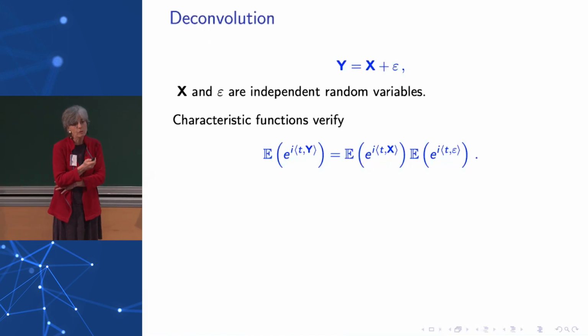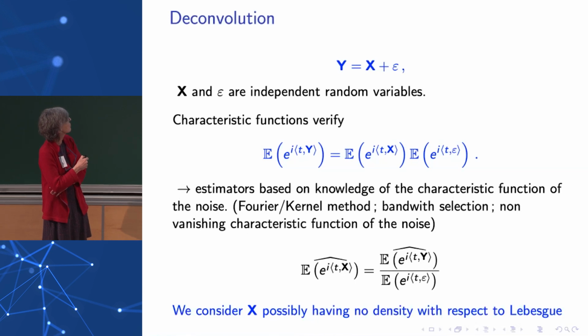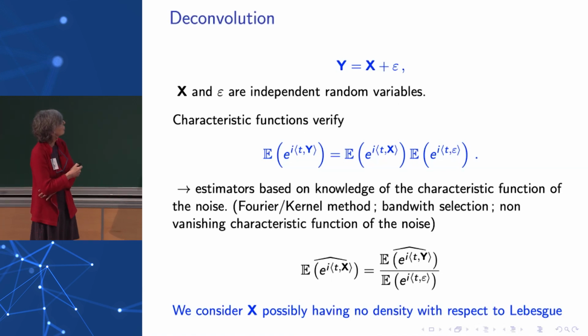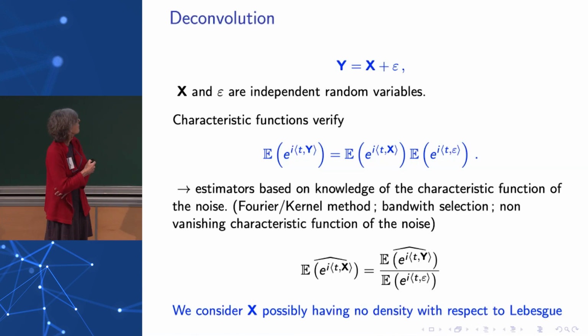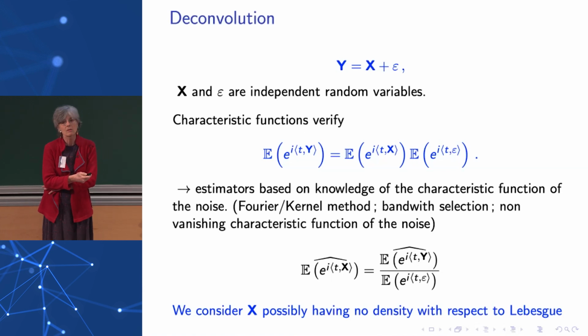Then if you know the distribution of the noise, then of course it's not difficult to estimate the characteristic function of the signal by dividing something that you can estimate on the data by the one you know. But of course you see that this way, when this becomes very small, then you have a large variance. So the point of the literature is to choose where you use this, where you do not use it because it's too small, to smooth everything rather than to invert. So there are many technical points to get good estimators of the distribution of X, but this is the grand idea.